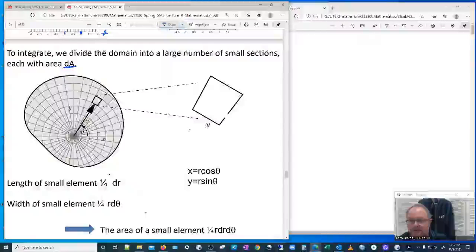We can consider that in our rectangular coordinates quite easily, so we've got our dx dy. For our polar coordinates though, we need to consider the impact of the new environment that we find ourselves in. The length of a small element is approximately dr, and the width of a small element is r d theta.